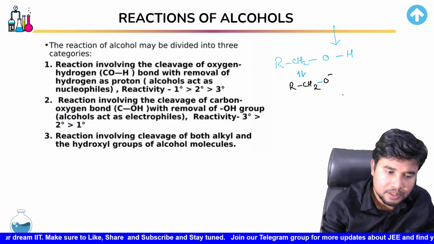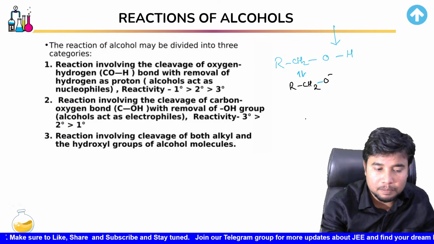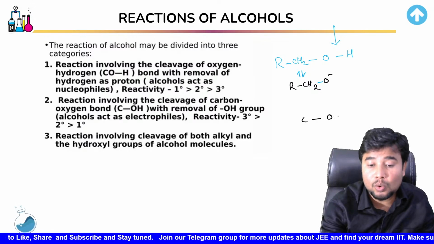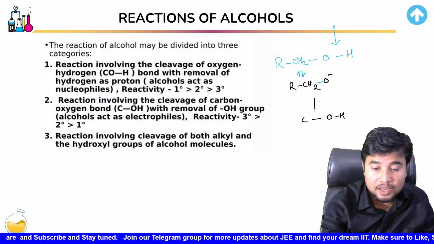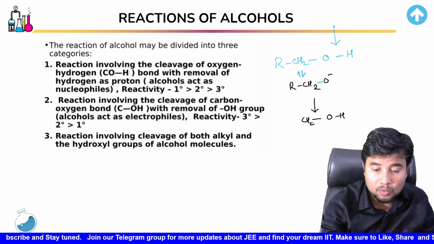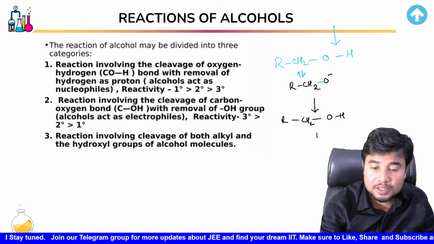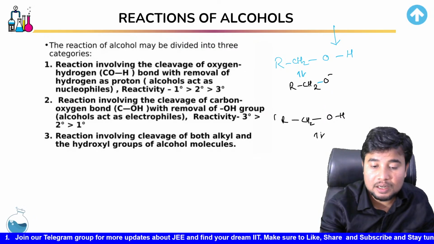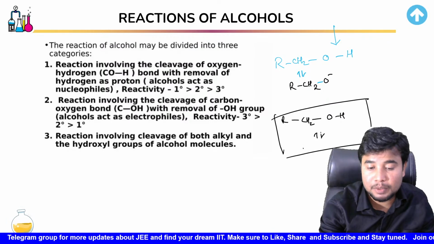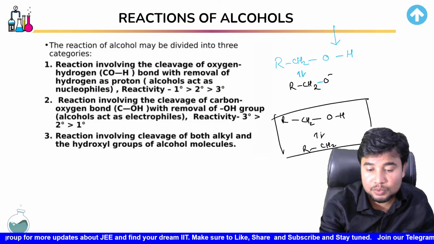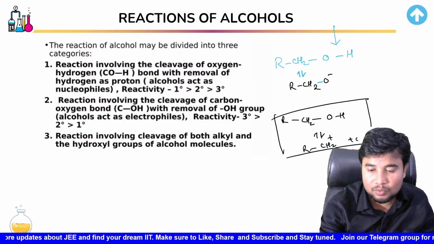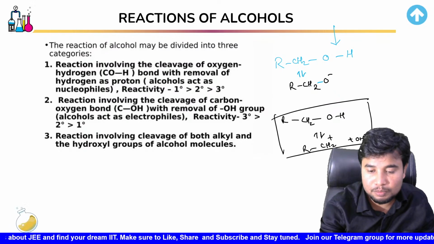Let us move further and look at what would happen if the bond between C and O gets cleaved instead of this OH. If this bond gets cleaved, you end up getting a carbocation generated, if you remember, RCH2 plus. You tell me what kind of carbocation is going to be more stable.